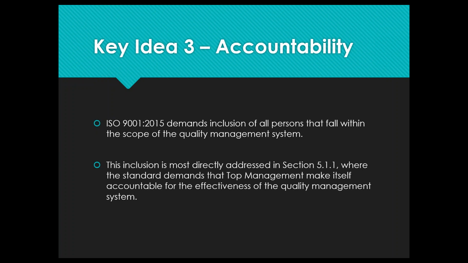And this is probably no more dramatically made clear than Section 5.1.1. Section 5.1 is entitled Leadership, and it talks about accountability. There's actually a phrase in 5.1.1 where it says that management needs to make itself accountable for the effectiveness of the quality management system.